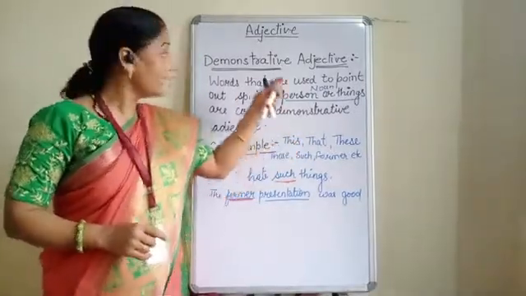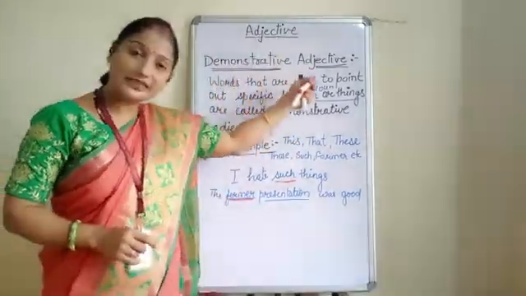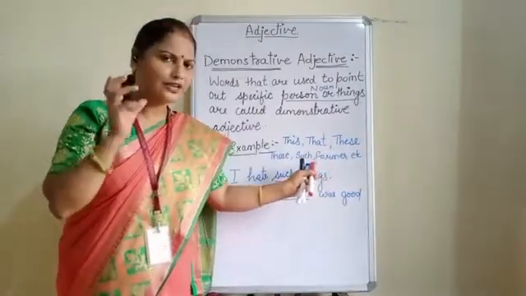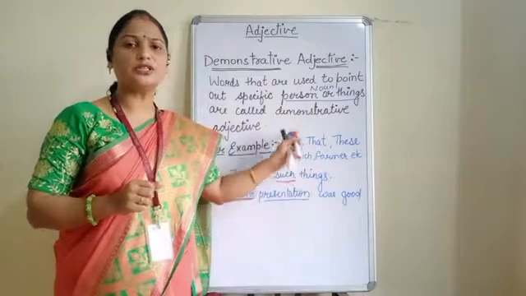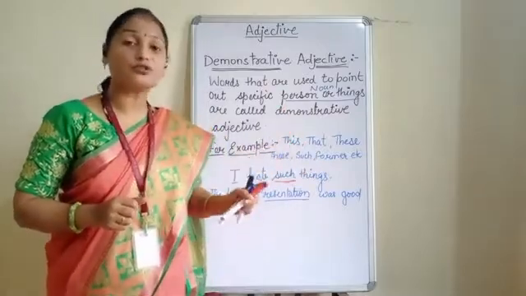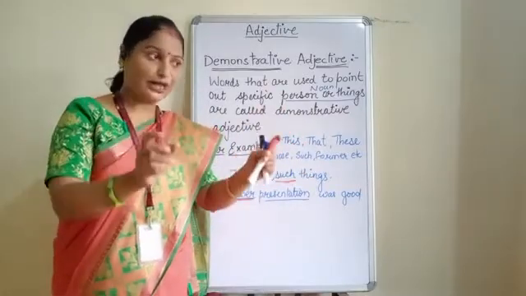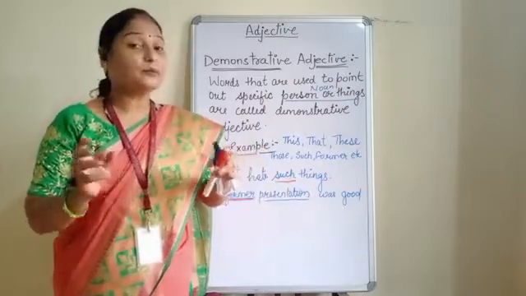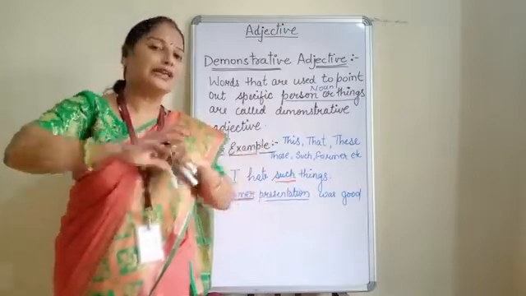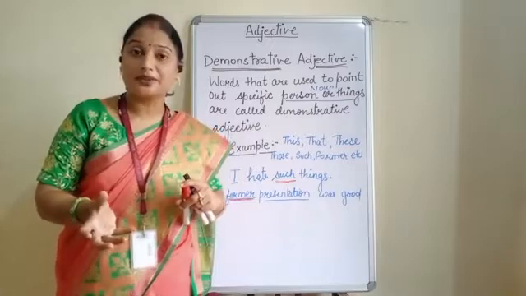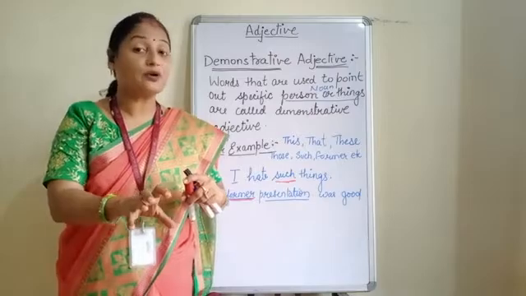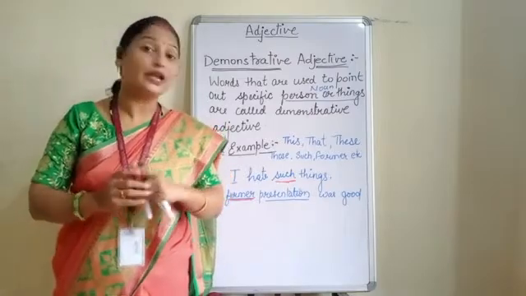And here in case of demonstrative adjective also we are using this, that, these, those. So, can you guess the difference between the demonstrative adjective and demonstrative pronoun? So that if in a sentence demonstrative adjective or pronoun is given, then you can easily distinguish between them. You can easily understand where is the demonstrative pronoun and where is the demonstrative adjective.